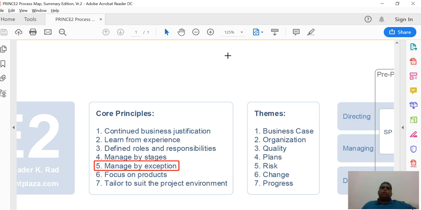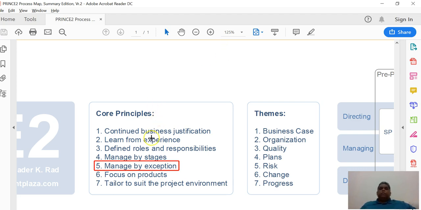Now, I think this is a very important principle to be adopted within the organization to make sure that we save the precious time of senior management on strategic decision making within the organization.